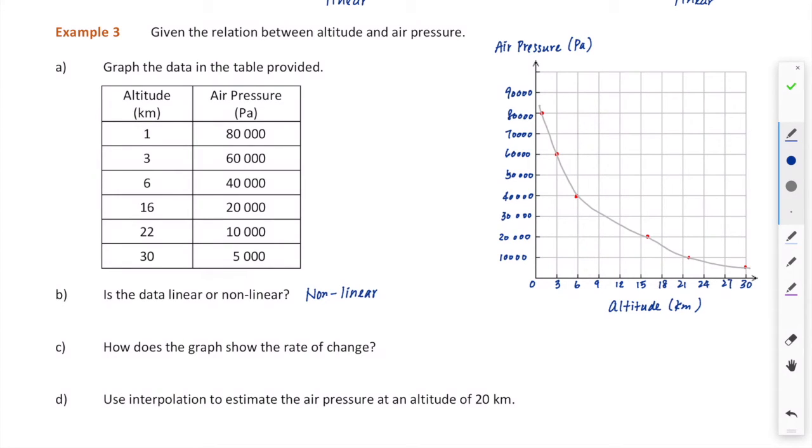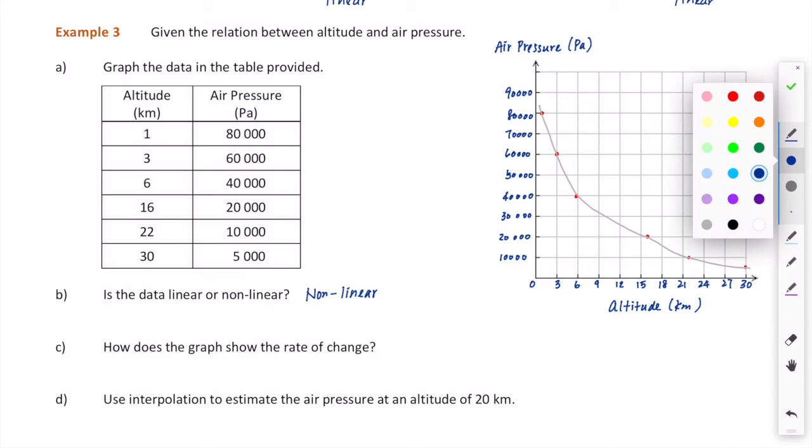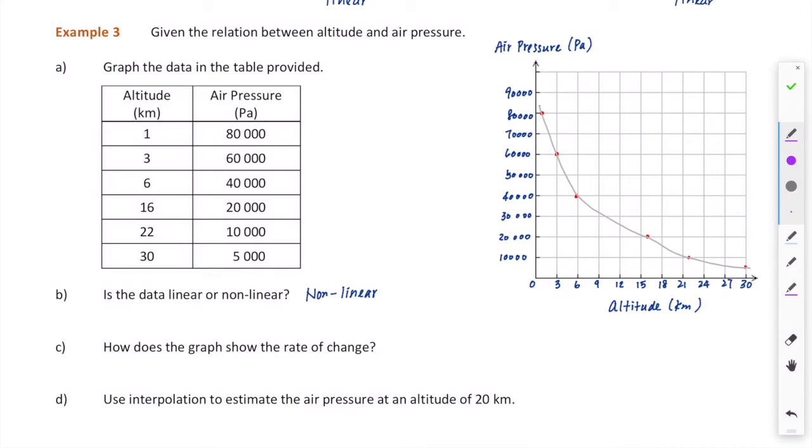Okay. So how does the graph show the rate of change? Well, this is more like a description, because we said that the rate of change of a nonlinear relation is not constant. So we basically have to say that if you compare, let's say, the first 2 data points, think about the rise over run.